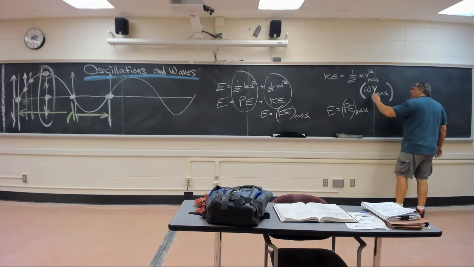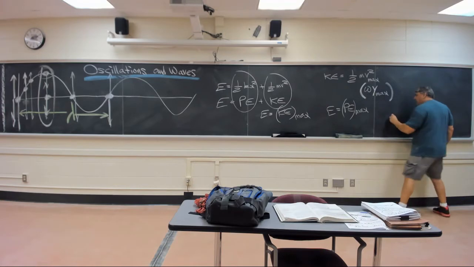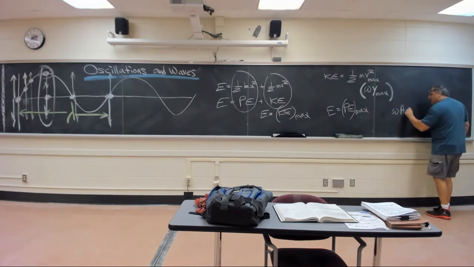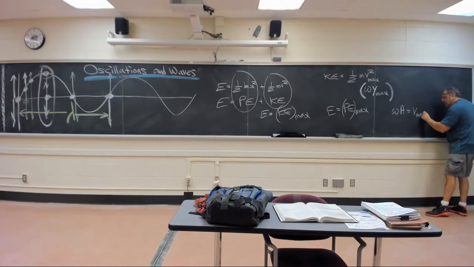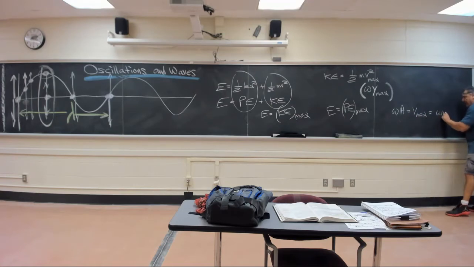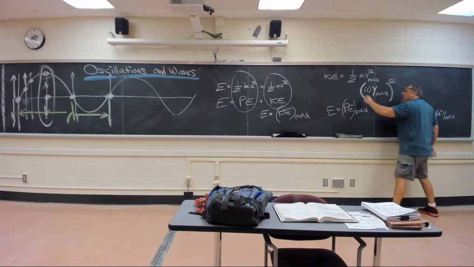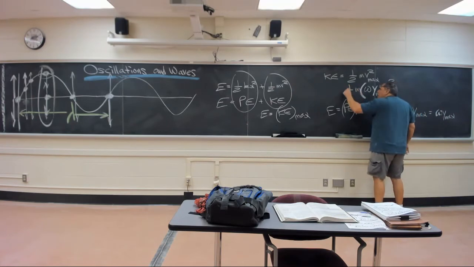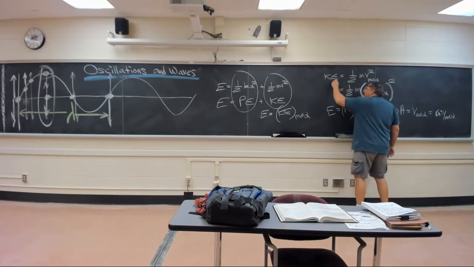But it's omega Y max. Remember the omega A that we talk about. That's the V max. That's equal to omega Y max or omega X max, depending on what you're talking about. Okay? Squared times m times 1/2 is the KE max.